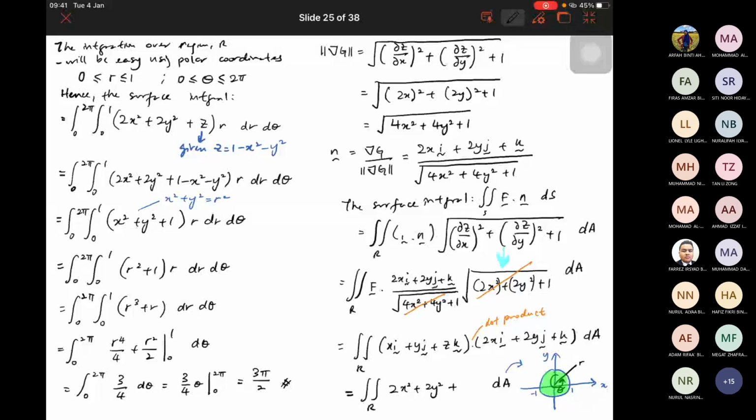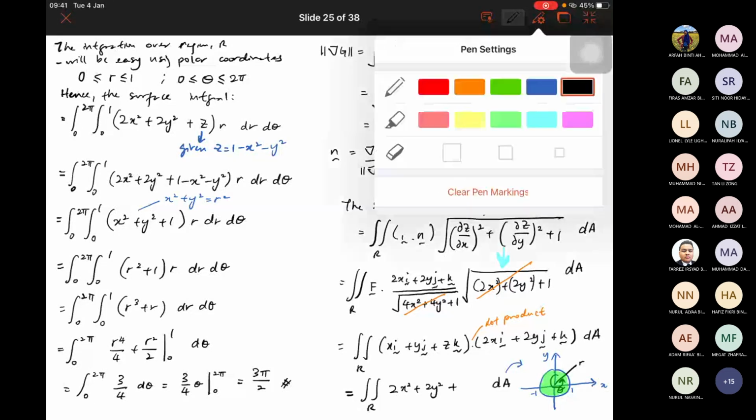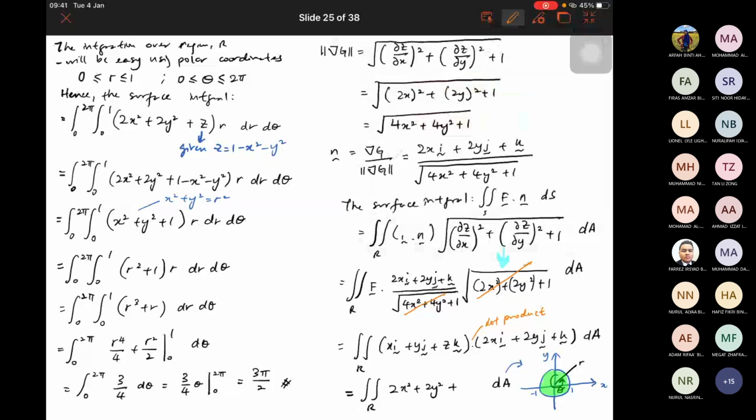Sebab yang ini 2x squared ni kalau kita kembangkan, okey, yang ini set delta z yang saya bulatkan ni.